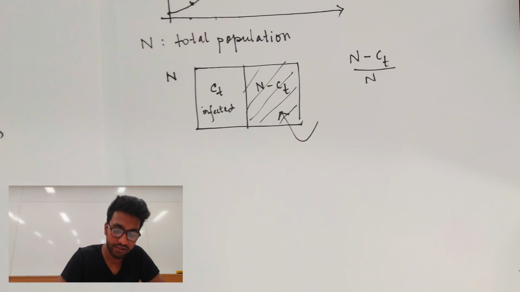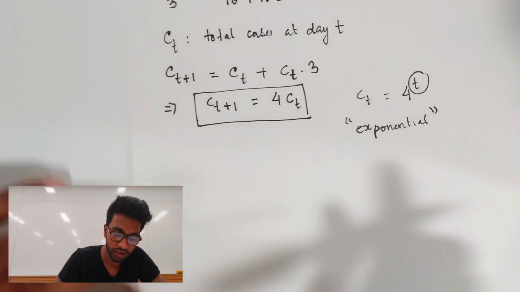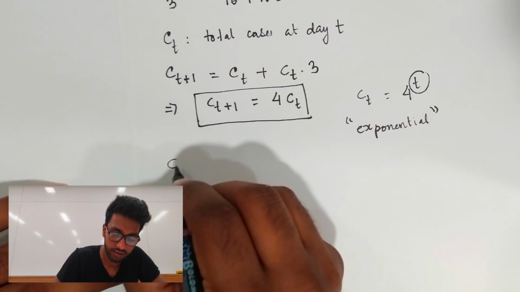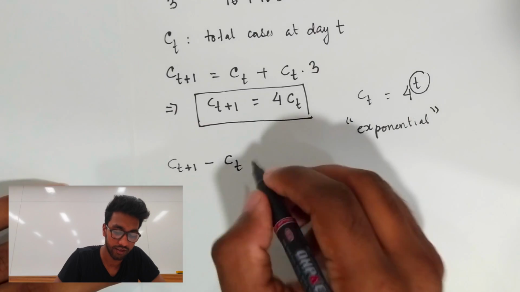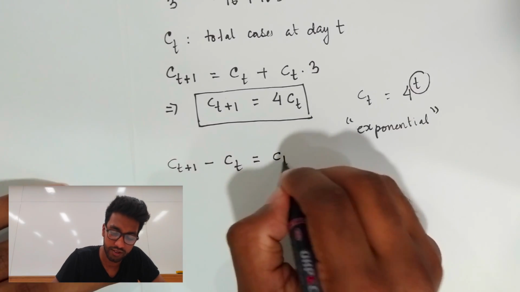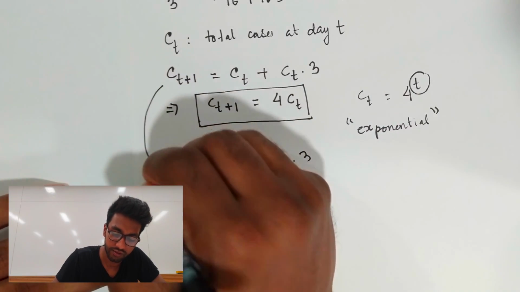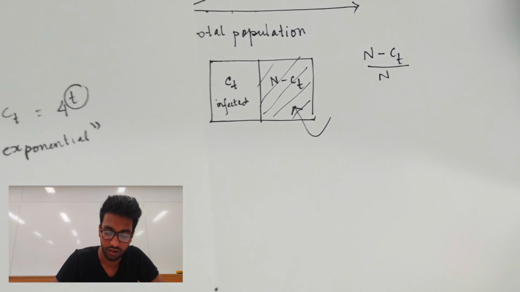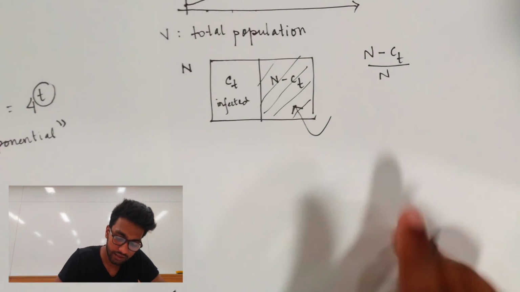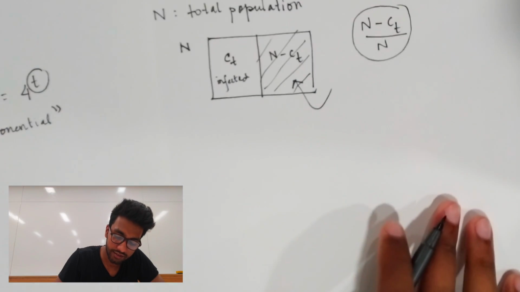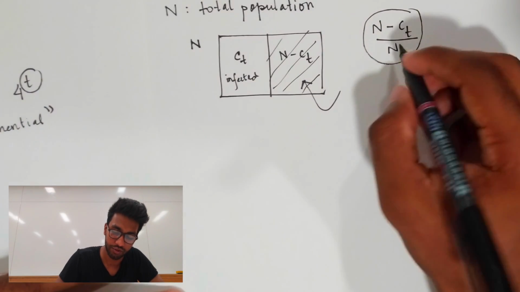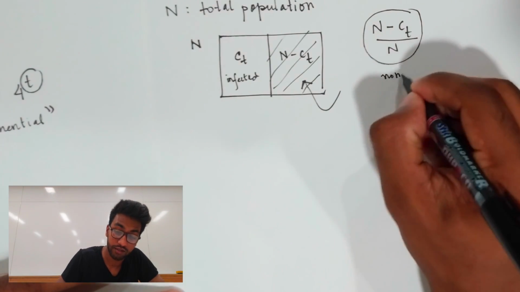So let's go back and see what new cases were in our original equation. New cases is just the number of cases at day T plus 1 minus the number of cases at day T, which was just 3 into CT from our original equation. And now we saw that out of the total population, (N minus CT) by N proportion of them were the non-infected people.